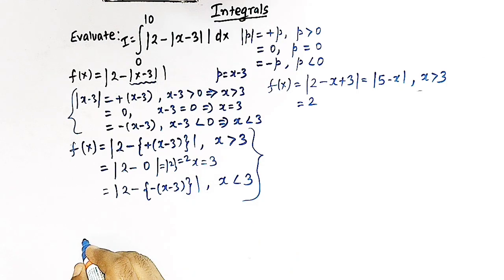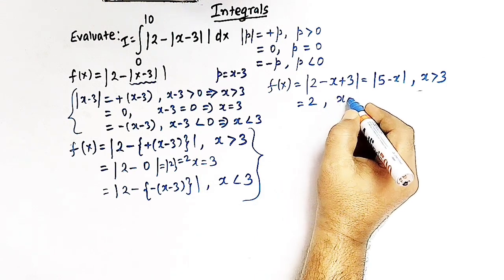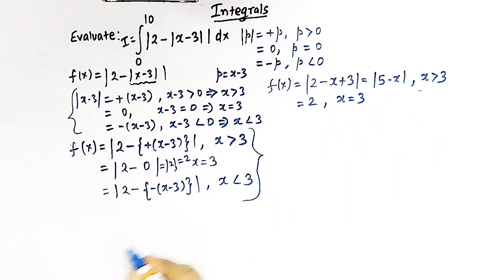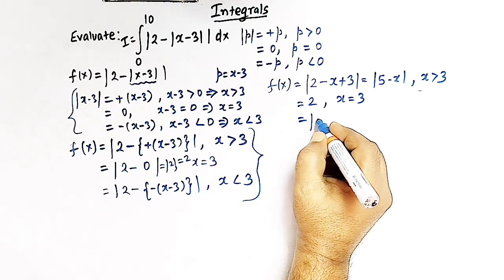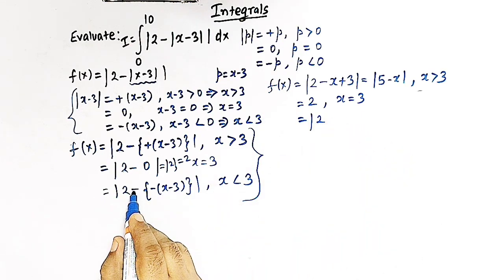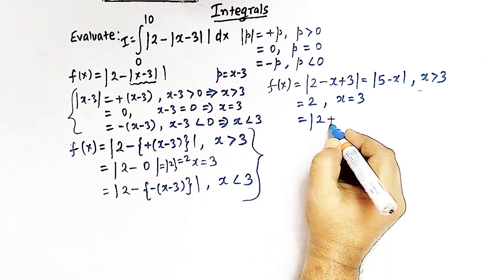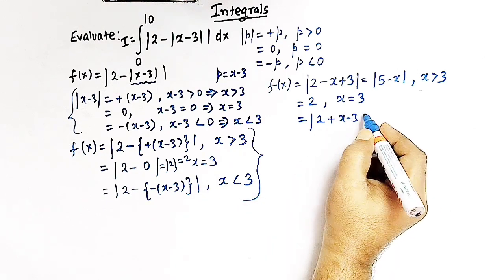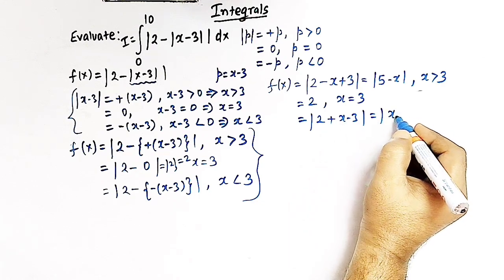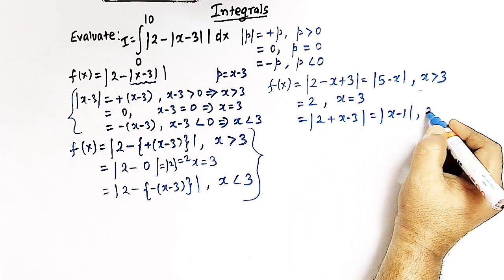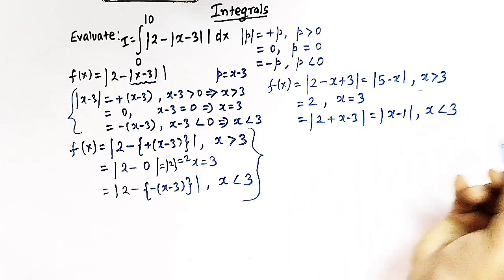So f of x is equal to 2 whenever x is equal to 3, and f of x is equal to mod of 2, and here we have minus minus plus, so we have plus x minus 3, and this is equal to x minus 1 whenever x is less than 3, right?